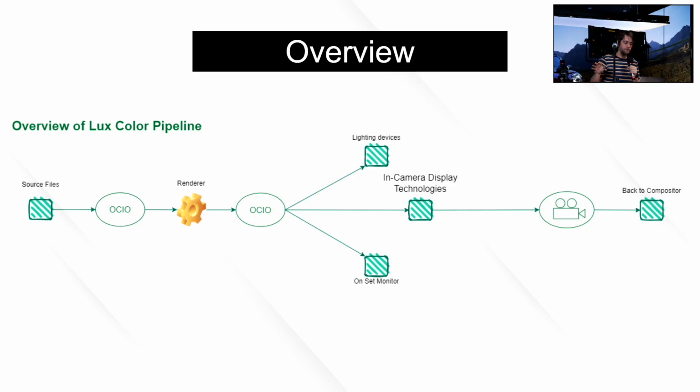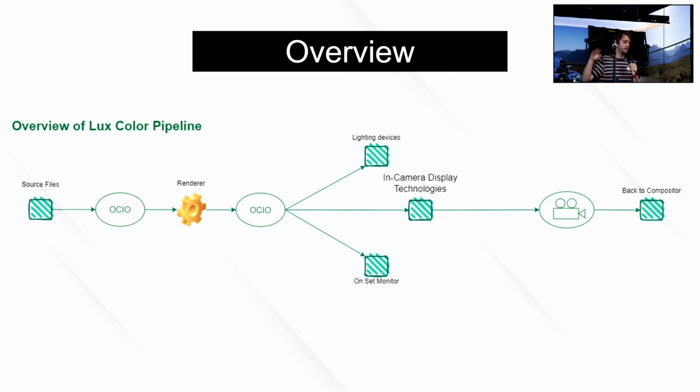This is a very brief overview, just sort of simplifying where we are in the process, or what parts of the process that we touch. We've got source files that go into something called OpenColor.io or OCIO that manages a lot of the transforms and color spaces that we have to manage. There's renderers that we're dealing with via either Unreal, Unity, Pixera, those types of things.